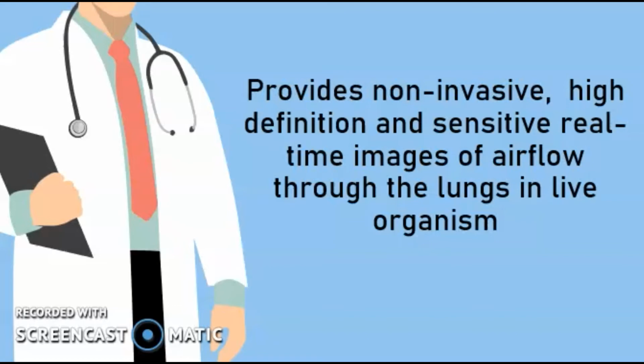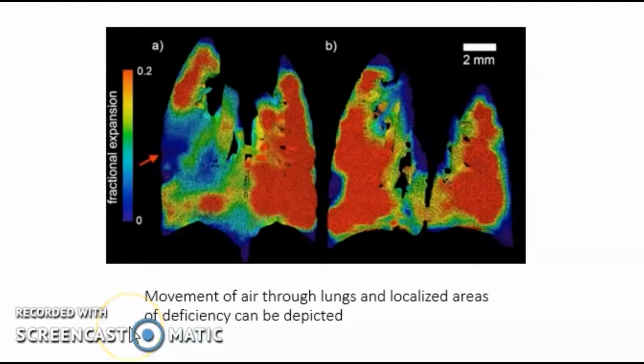So X-ray velocimetry technology can pinpoint localized areas of deficiency in a lung, offering potential for faster and more accurate diagnosis. This is to picture the movement of air through lungs, and localized areas of deficiency can be depicted using the X-ray velocimetry technology.